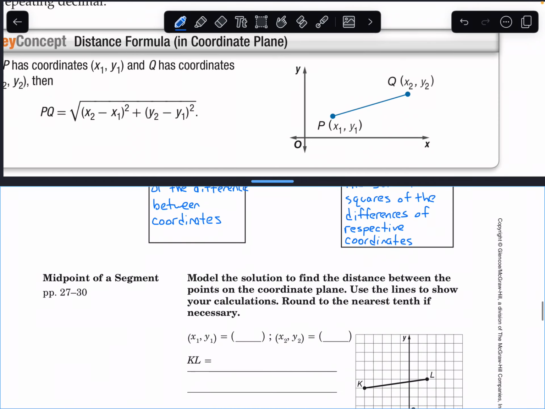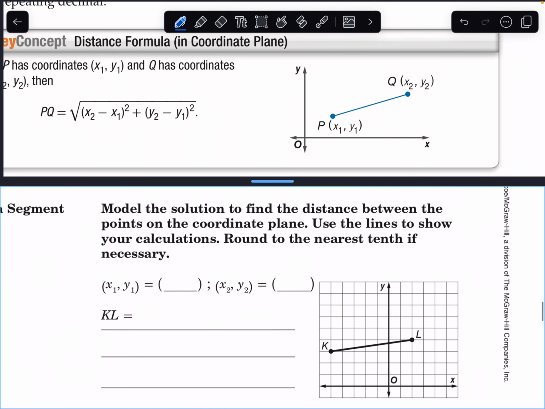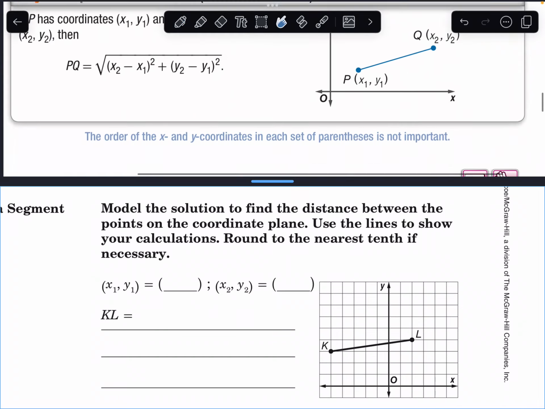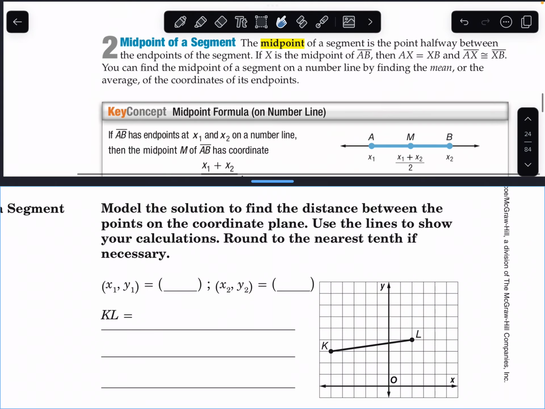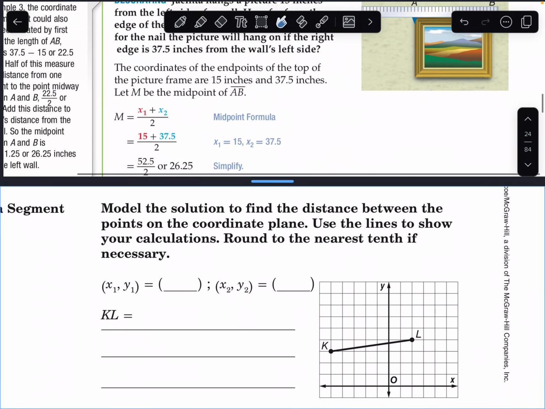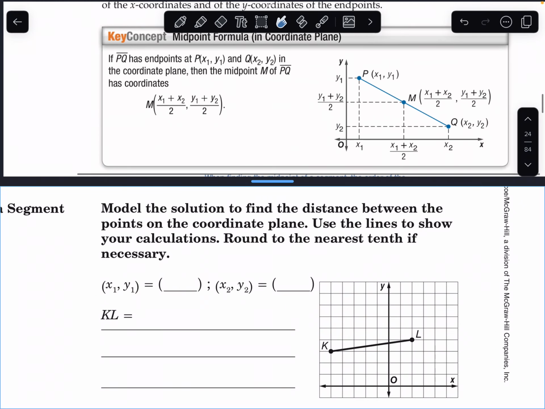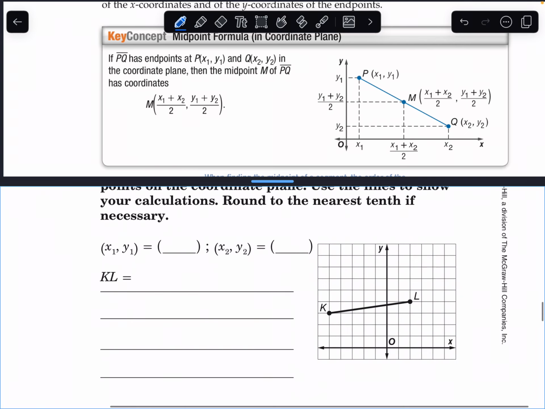Midpoint of a segment. Let's model the solution to find the distance between the points on the coordinate plane. Use the line to show your calculations, round to the nearest tenth if necessary. All right, so let's go to midpoint. This looks like on a coordinate plane, so let's have that up for reference. On the example given, point K, we'll call that our first point.